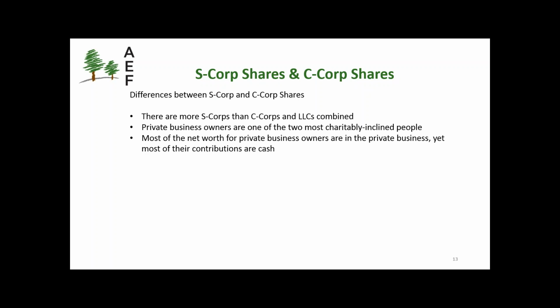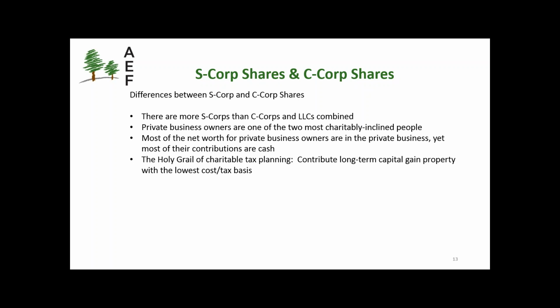Obviously, privately held business interests, which most always are going to be S-corporation stock. So when you look at the bulk of their net worth being in these privately held businesses, and you also think about the cost basis, their original cost to create that business is usually quite low. My joke is that most every S-corp and C-corp share in this entire country has a tax basis of 32 cents a share.